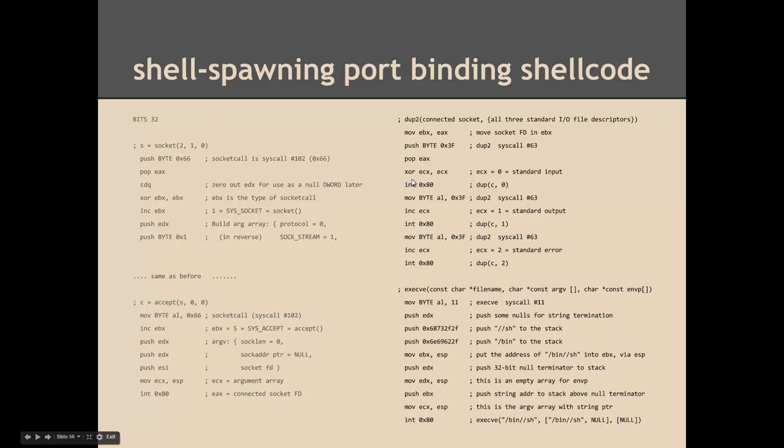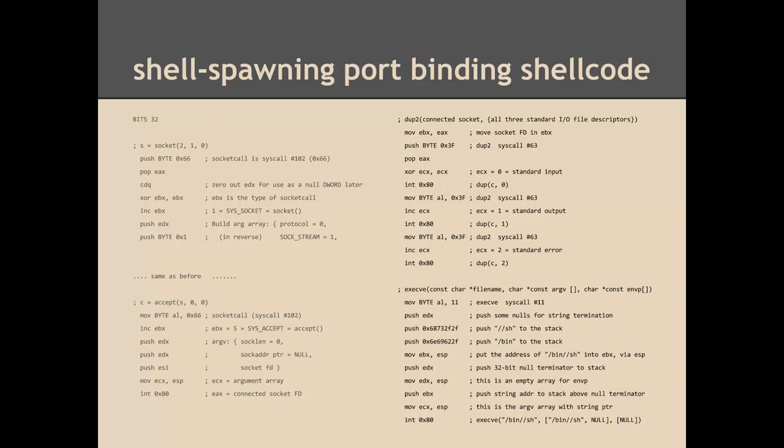So int 0x80, EAX is going to be populated with the return value for this, which is going to be an integer designating the socket file descriptor, which in this shellcode we put into EBX. And to call the system call, EAX has to specify what system call to use. EBX is the first argument, and ECX is the next argument.